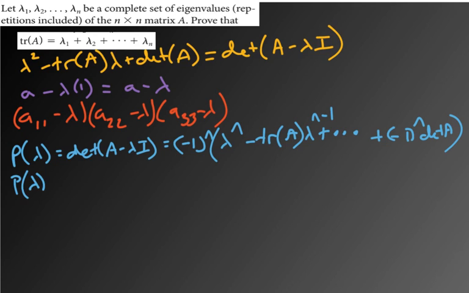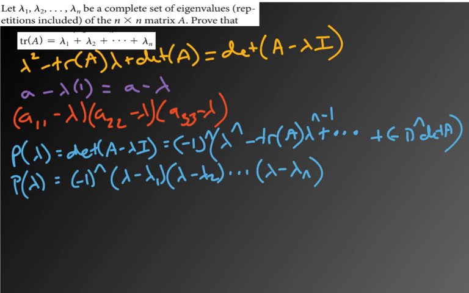But P of lambda is also, right, -1 to the n, and then lambda minus lambda 1, lambda minus lambda 2, all the way up to lambda minus lambda n, right?